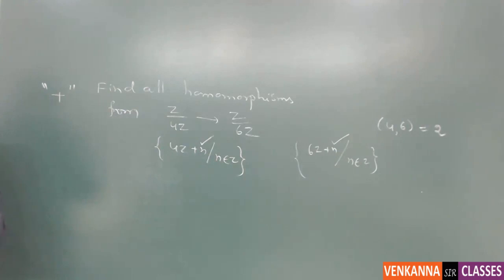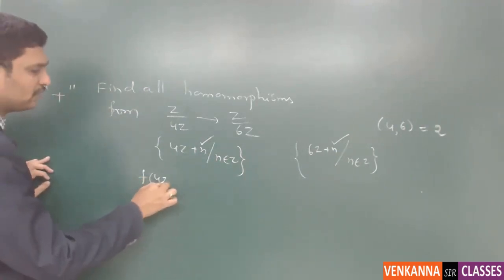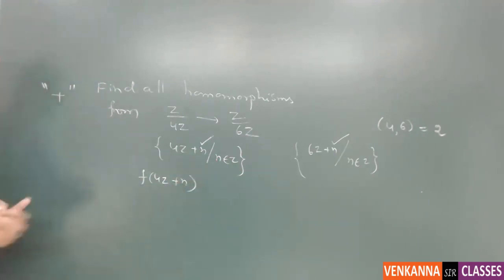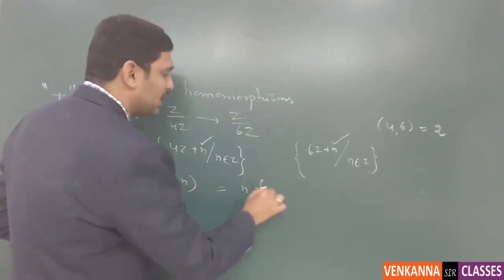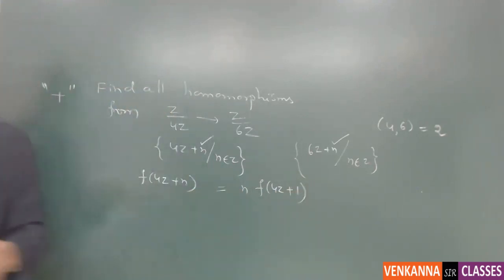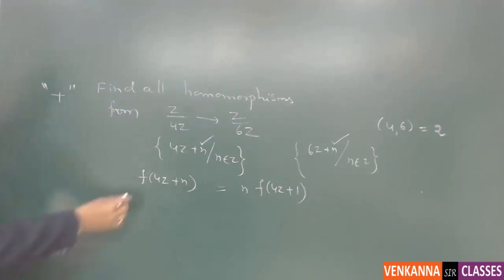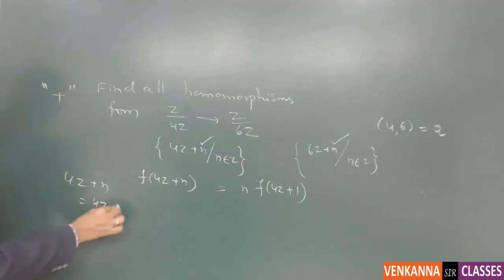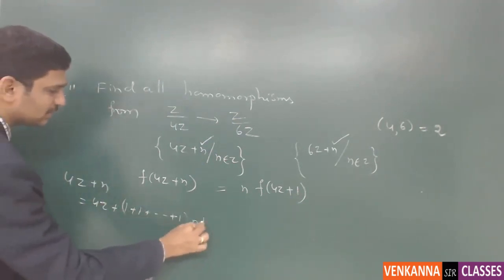Now let us say that whenever you consider the element of the form f of 4Z + n, it is nothing but n into f of 4Z + 1. Do you accept? Because 4Z + n is nothing but 4Z + 1 plus 1 plus so on, n times.